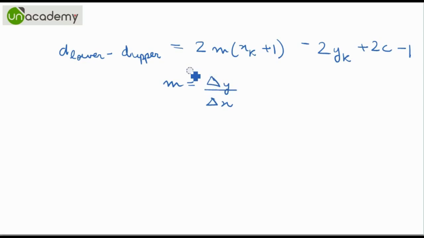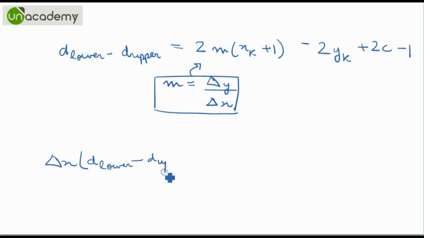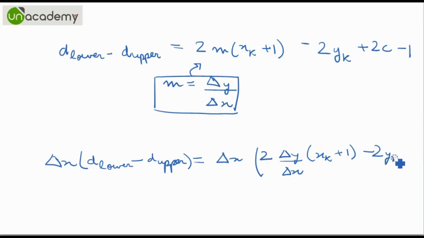So when we replace this m into the equation, we get delta x times d lower minus d upper equals delta x times 2 delta y by delta x times xk plus 1 minus 2 times yk plus 2c minus 1.